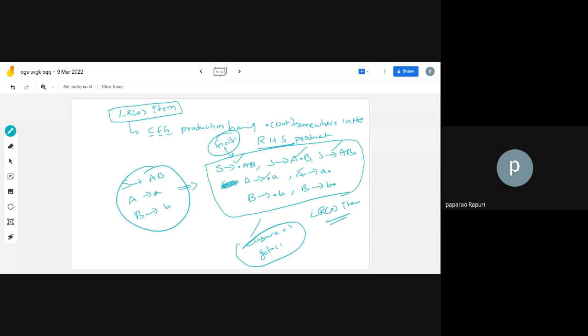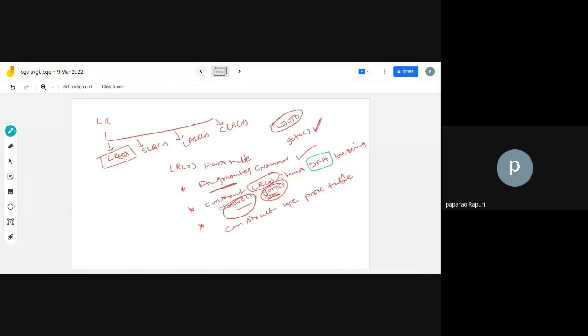Every finite set is accepted by a DFA. That's why here we mentioned construct the LR0 items DFA. We didn't mention construct the DFA for the given grammar. We are constructing the DFA for LR0 items. LR0 items are a finite number of items. For a finite number of items, we can construct finite automata or deterministic finite automata.